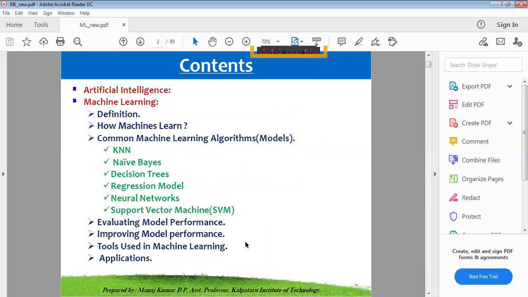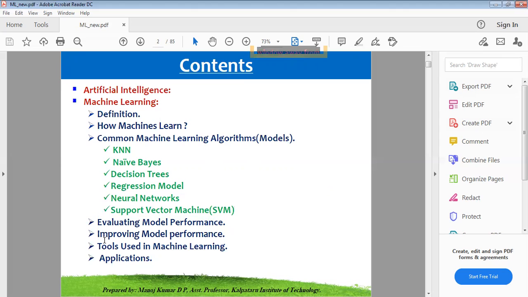The contents are: first we will go with artificial intelligence. Next, machine learning, under that its definition, how a machine learns, and common machine learning algorithms. Very important concepts. The common machine learning algorithms are KNN, Naive Bayes, decision tree, regression, neural networks, and support vector machine. After all this, we go with evaluating the performance, that is, how these machine learning algorithms perform.